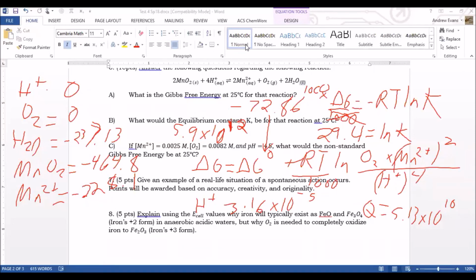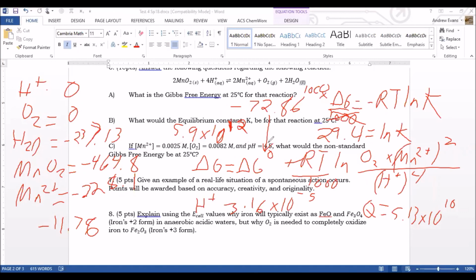So positive 61.1 plus a negative 72.86. Under those conditions, our G non-standard is equal to negative 11.76. So in real life, because delta G assumes 1 molar, that would have been a pH of 0, the negative log of 1.